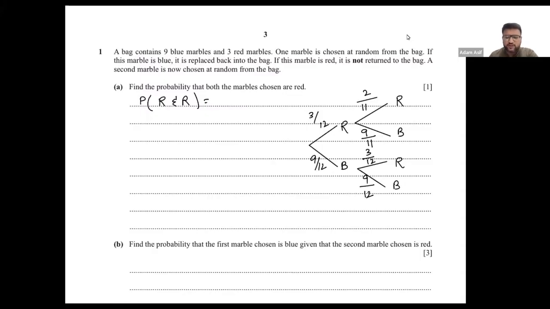The first part says find the probability that both the marbles chosen are red. So red and red. So that's going to be 3 upon 12 times 2 upon 11. Please calculate it.